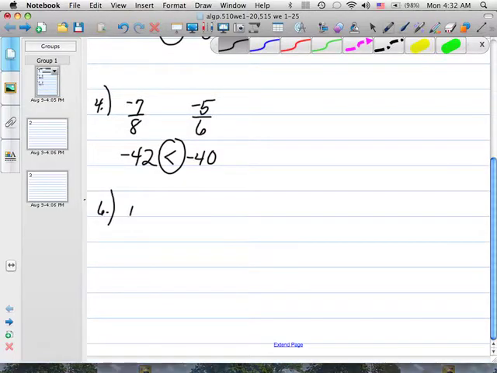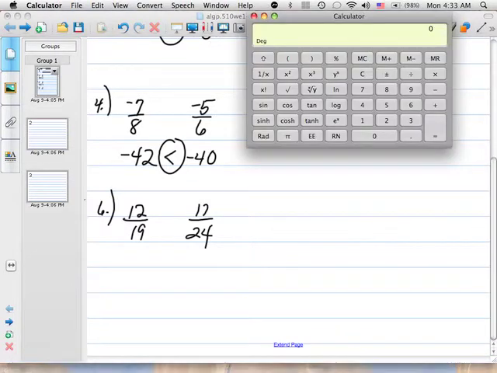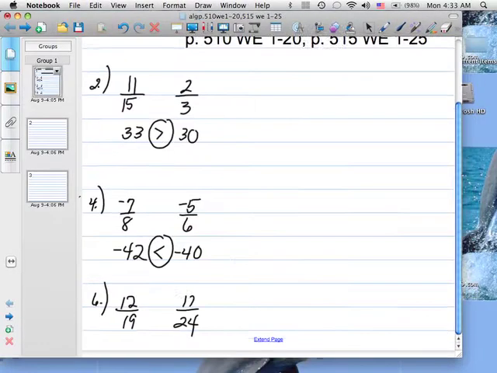Problem number 6, 12/19 is what compared to 17/24. Use our cross products. Probably need a calculator here. So 12 times 24 is 288.